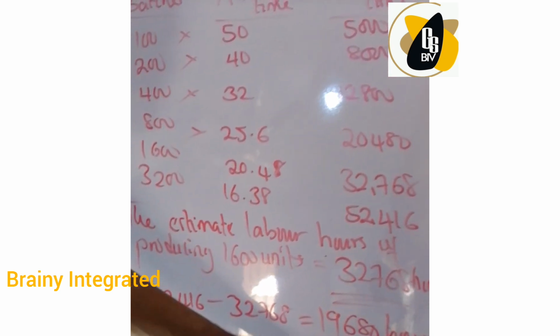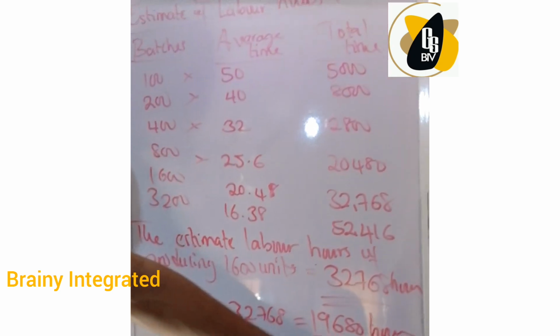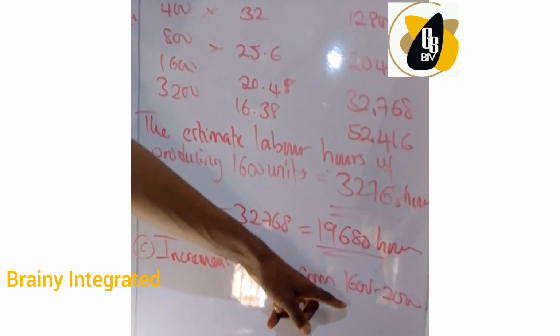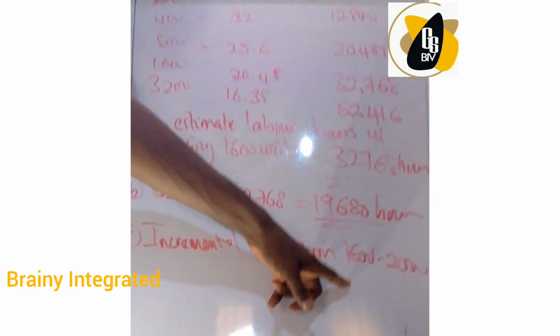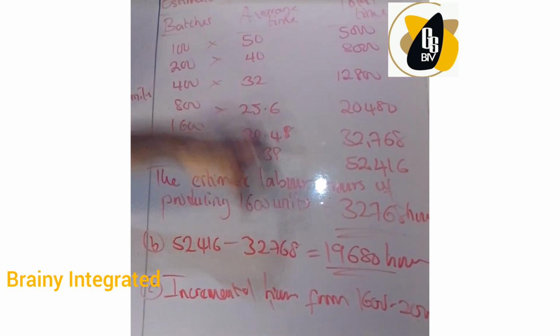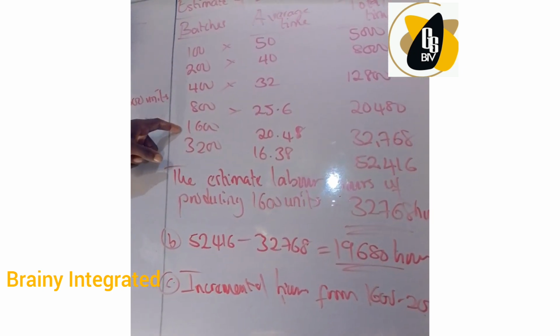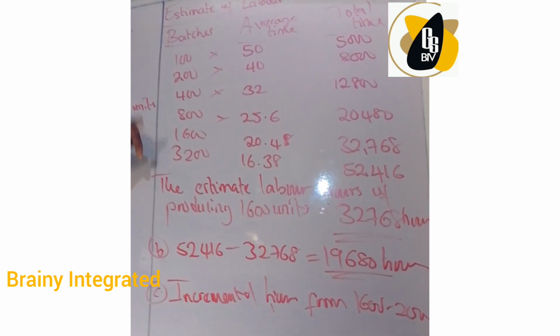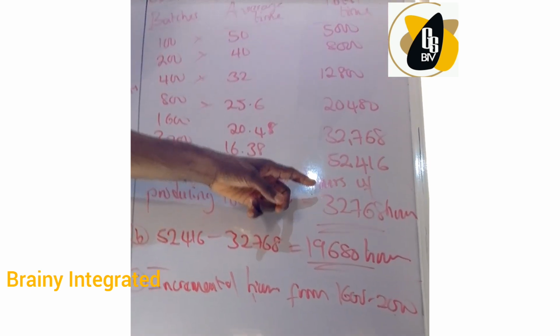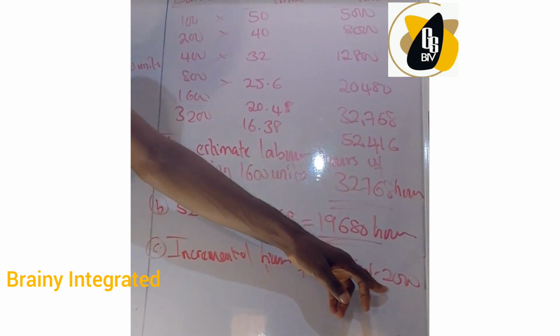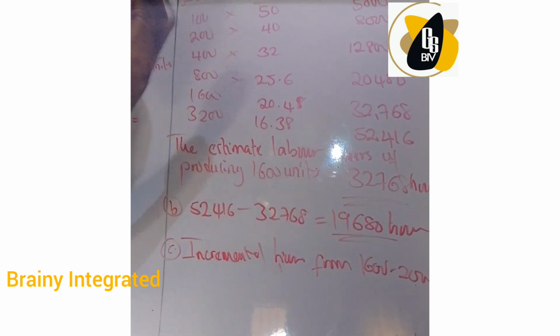If you check, from 1600 to 2000 does not give us a doubling effect, because the doubling effect of 1600 is 3200. So we don't have 2000 on the table. Let's say we have 2000 units on the table. We would have just subtracted the previous from the latter, exactly what we did here. But in this case, the incremental hours from producing 1600 to 2000 does not give us a doubling effect.